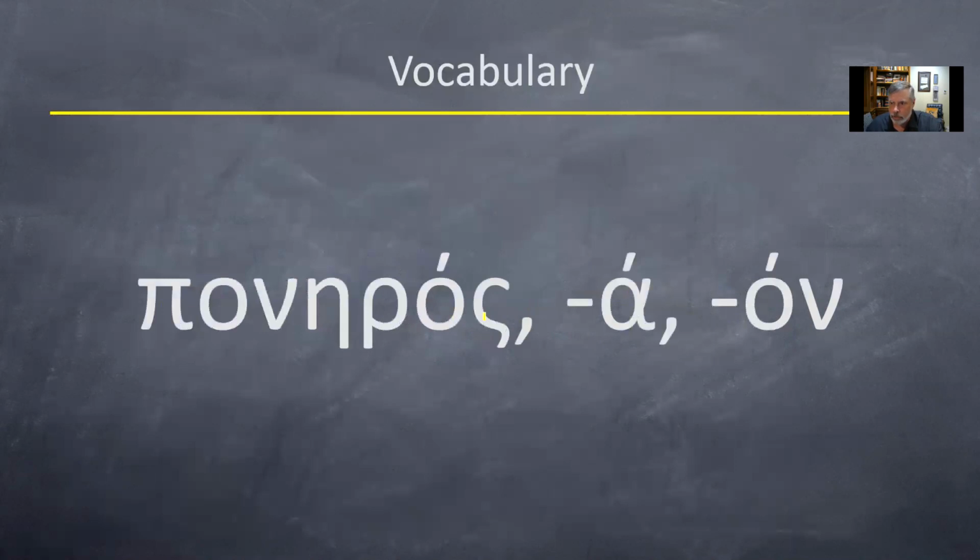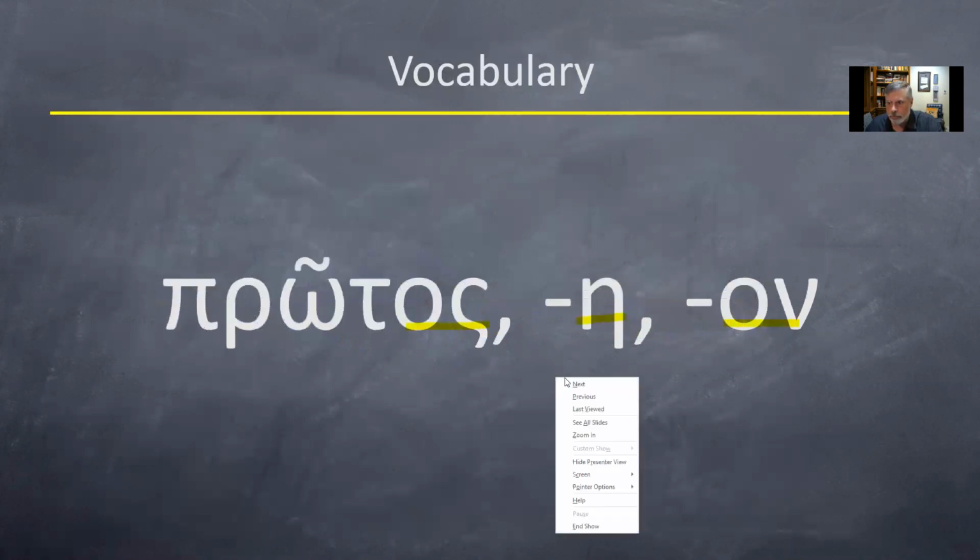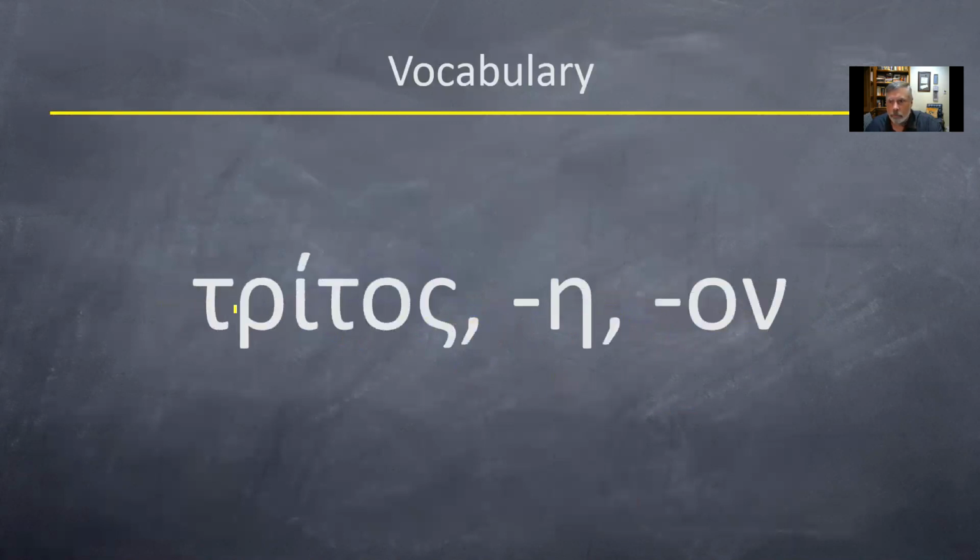So there's my masculine, feminine, and neuter, and it means evil or bad. Protos, prote, proton, an adjective with the masculine, feminine, and neuter endings, means first or earlier. And tritos, trite, triton just means third.